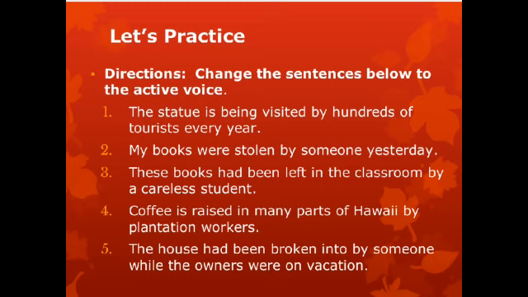So here, my books were stolen by someone yesterday. When you write in the active voice, you can write, yesterday someone stole my books. Here the verb will be single. You won't have two verbs. Where "stolen" was given, now you will say the single verb.